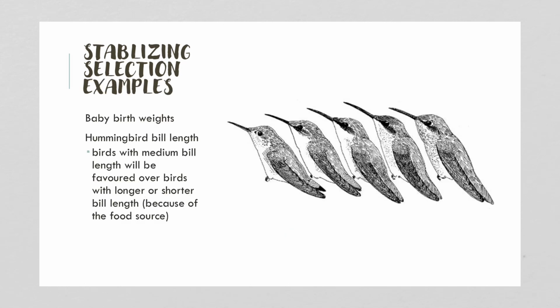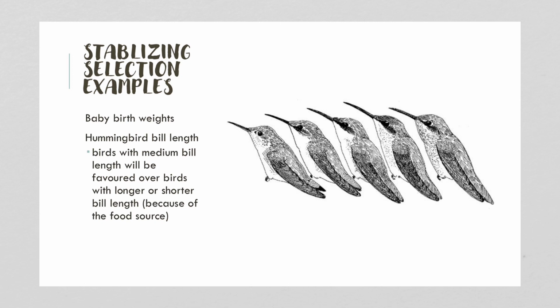Some examples of stabilizing selection would be baby birth weights. In humans, baby birth weights tend to be favored around 7 pounds. Really, really small birth weights are not favored because it's harder to survive when you're born really premature.